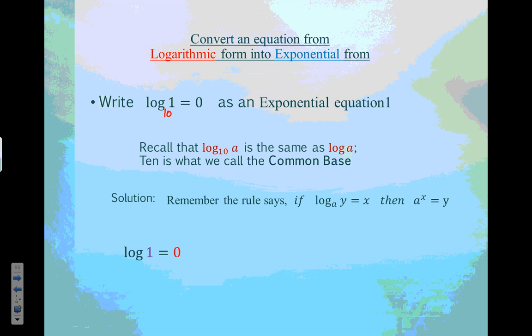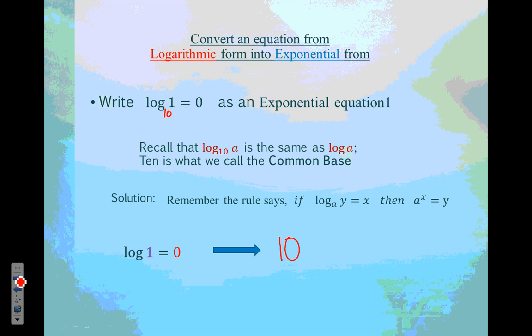How do we convert that into exponential form? We recall the formula, which says log base a of y is equal to x if and only if a to the x is equal to y. So our a, which we don't visually see, but mathematically it's there, is the 10. So 10 raised to what power?